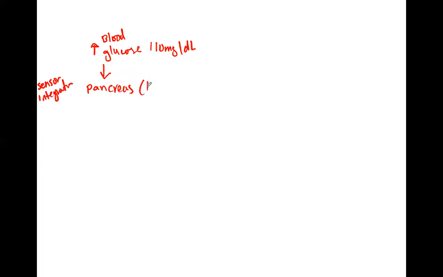More specifically, the beta cells of the pancreas are going to notice this, and they're going to release insulin. Insulin is going to be your output, and it's going to send a signal to your effectors. Now, your effectors could be, there are actually multiple structures. It could be your liver.